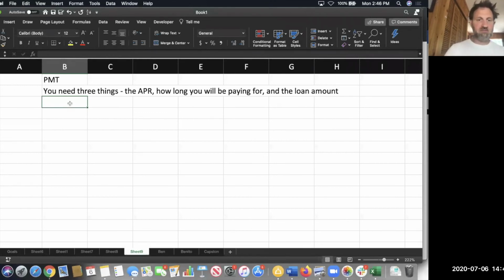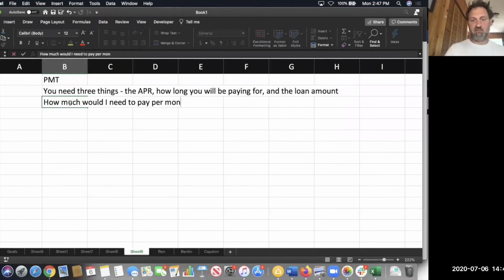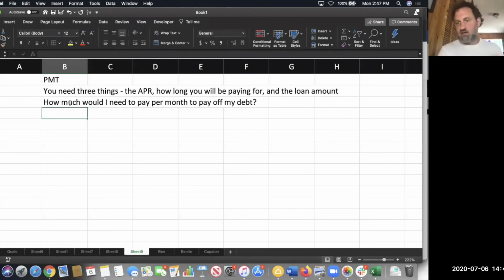And PMT is to answer the question, how much would I need to pay per month to pay off my debt within a certain amount of time and given this APR.